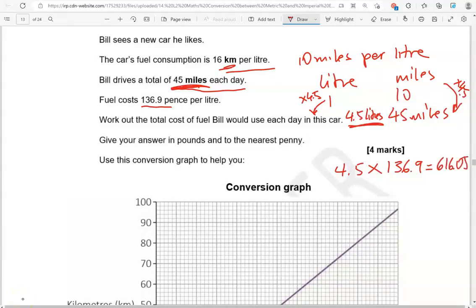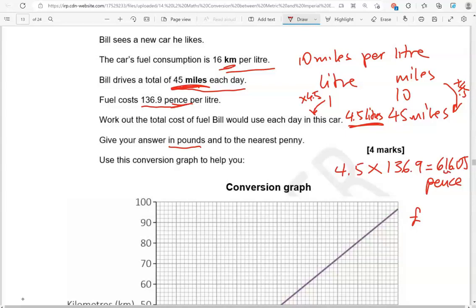That is pence, because we input pence. We've got to give our answer in pounds to the nearest penny. There are 100 pence in a pound, so if we divide this by 100, it will give us the cost in pounds.